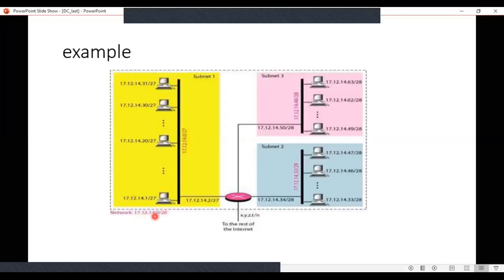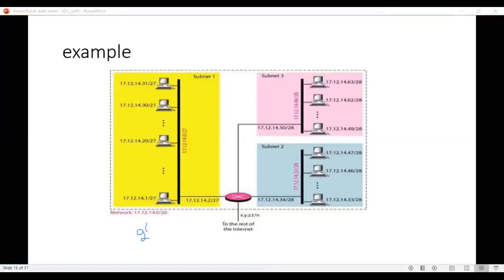That means in this 32 bits, 26 bits will represent the network ID, and the rest, how much is it? 32 minus 26, that is 6 bits, to represent this particular network, the whole network here.